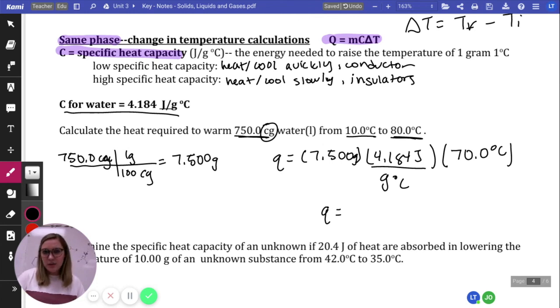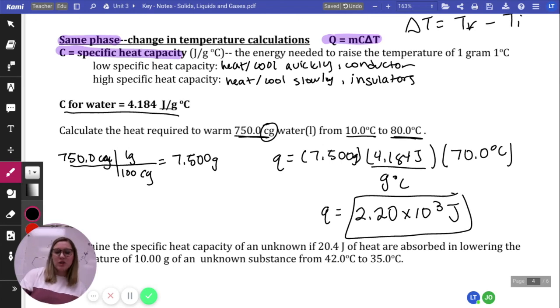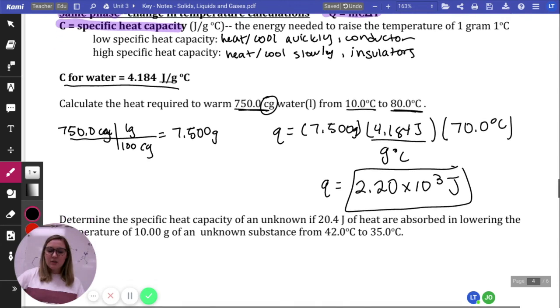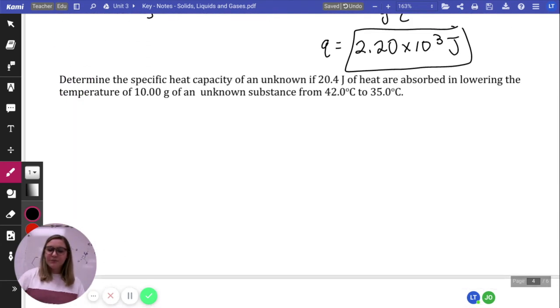My temperature has 3 sig figs. That's my fewest number, so my answer should have 3 sig figs. So I got 2.20 times 10 to the third joules as my answer. So it takes that much energy to heat water from 10 degrees Celsius to 80 degrees.